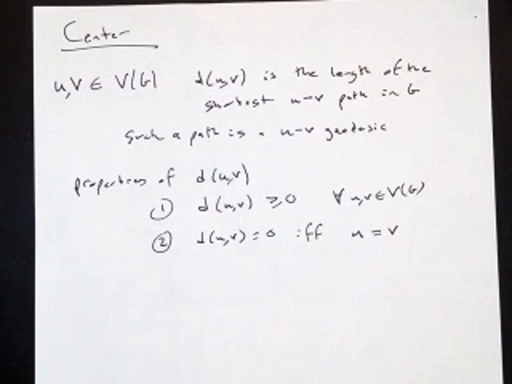At this point, I'm not going to worry about an upper bound on the distance. I'm just going to say it's definitely bounded below by 0. And it's only equal to 0 at a vertex to itself.